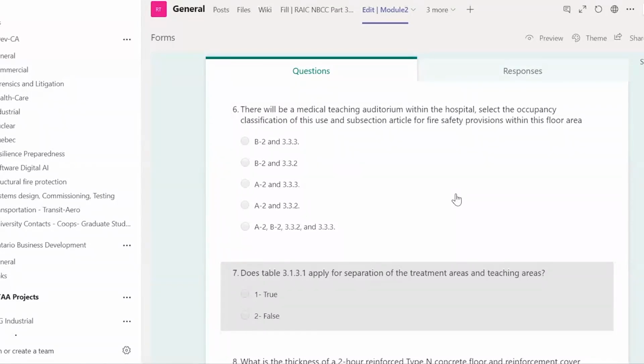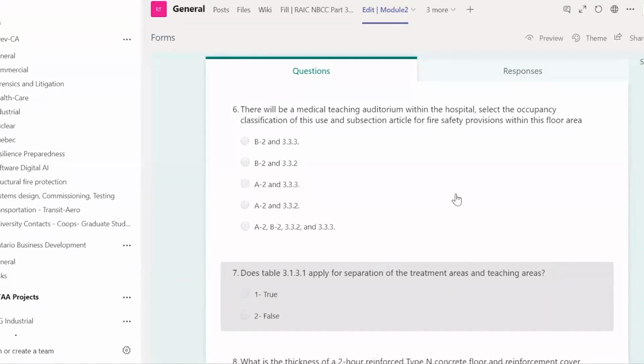And if I need to protect them in accordance with 3.3, then I am looking at the classification of the space itself. Offices are not hazardous rooms. But I do need to classify every floor area for the use of the floor area, and I designate that as an occupancy. It's not a major occupancy, but it is an occupancy.